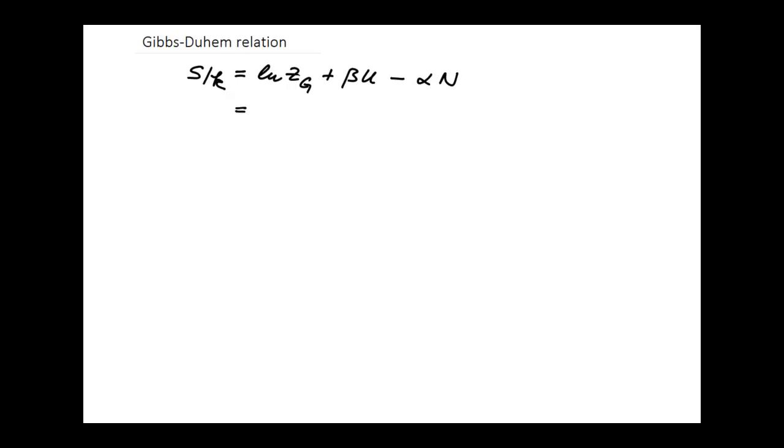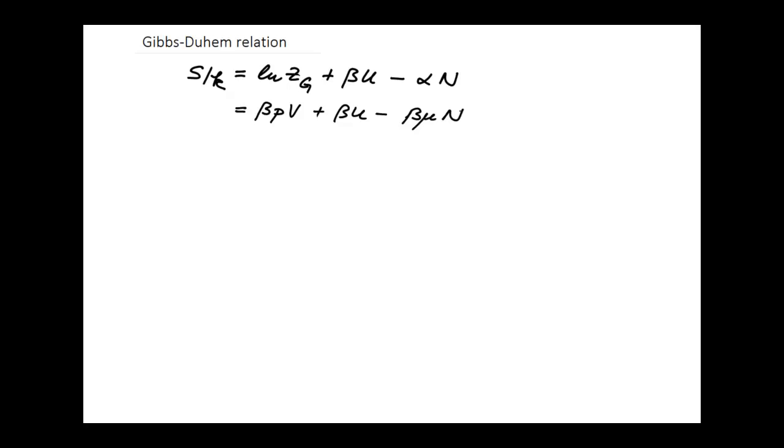And then we can use the result from the previous page. We can say the log of the grand canonical partition function is beta times the pressure times volume. What remains is the beta u minus alpha n, where the alpha I would now like to write as beta times the chemical potential times n.